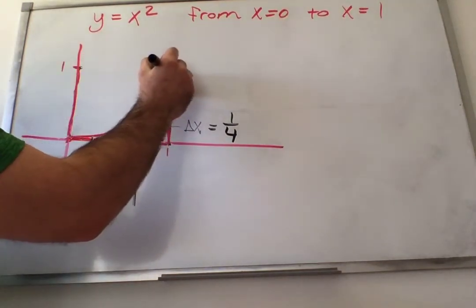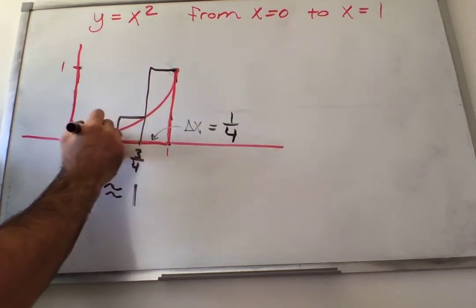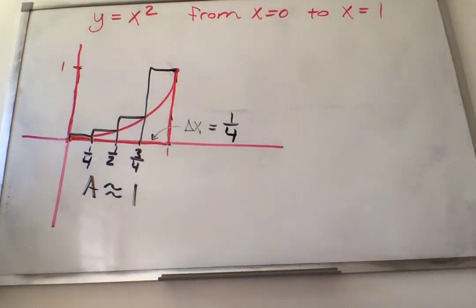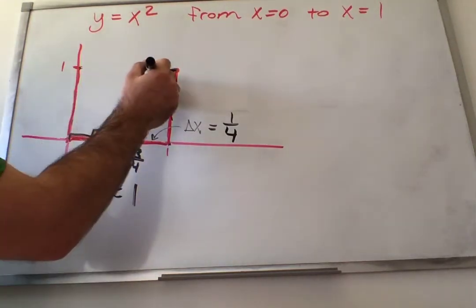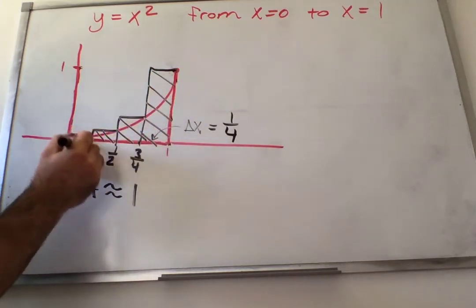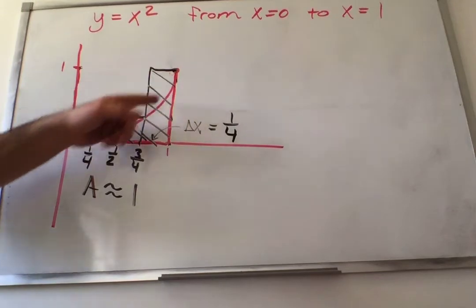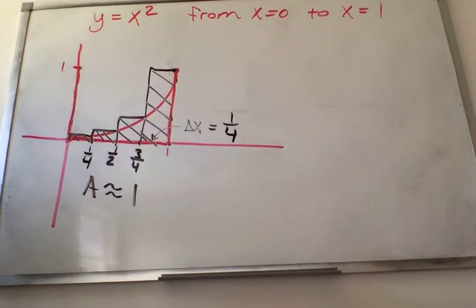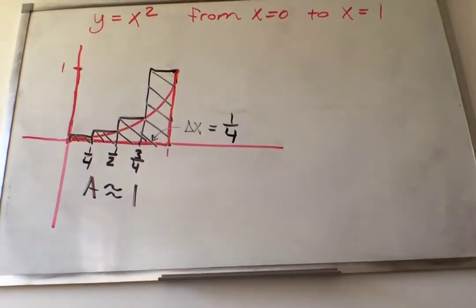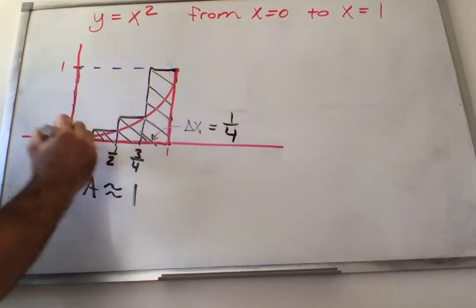I'm going to take this rectangle, this rectangle, and that rectangle, find the areas of these rectangles, and add them up. That's going to give me an approximate area underneath the curve.